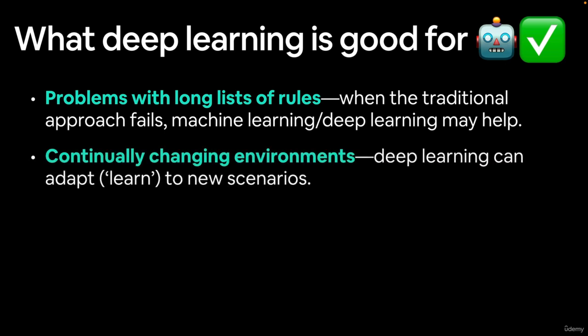Continually changing environments. One of the benefits of deep learning is that it can keep learning if it needs to, and so it can adapt and learn to new scenarios. If you update the data that your model was trained on, it can adjust to new different kinds of data in the future. Similarly, if you are driving a car, you might know your own neighborhood very well.